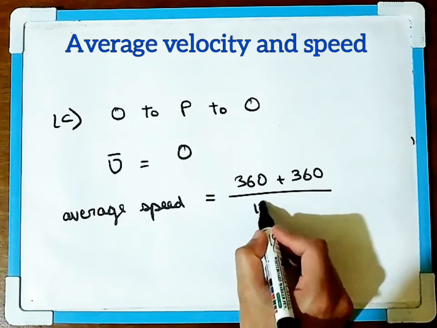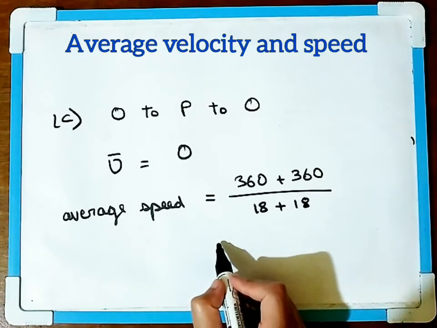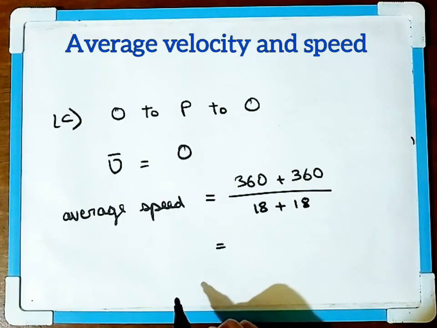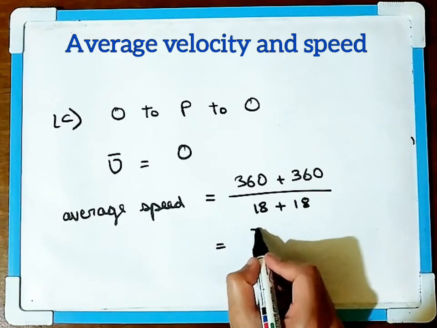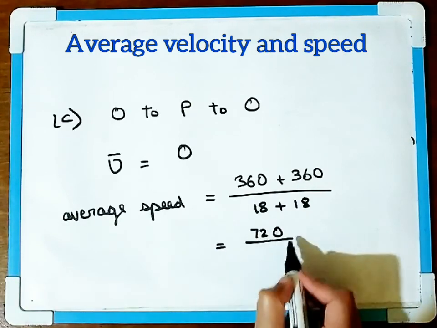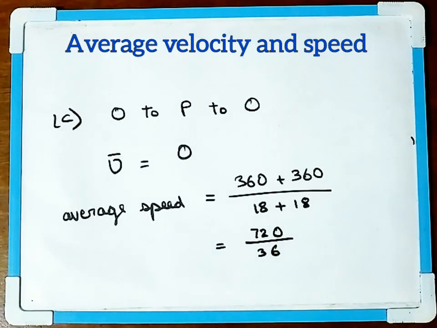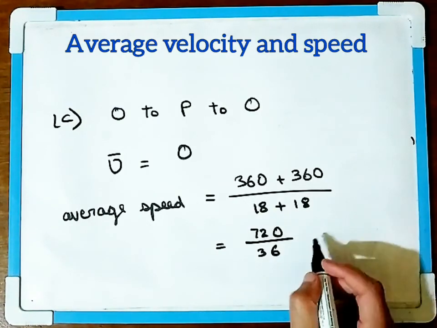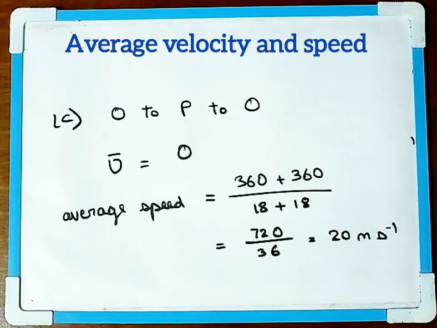So the time taken will be 18 plus 18, and adding these two you get 36 seconds, while the path length adds up to 720. So this is equal to 20 meter per second. So the average speed here is 20 meter per second and the average velocity is 0, since the displacement is 0.